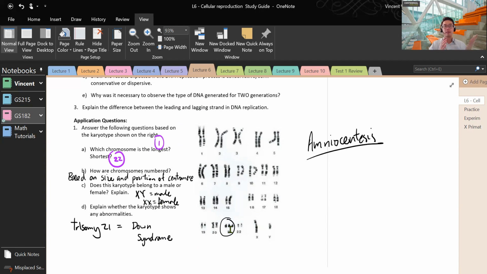Of course, as Tina mentioned, not everybody's going to do amniocentesis, right? This is usually something that will be done only after certain markers have come up in the prenatal screening. Okay, so there are blood markers that they could check. There are ultrasound markers that they could check, for example, a little ultrasound to look at the baby's brain.